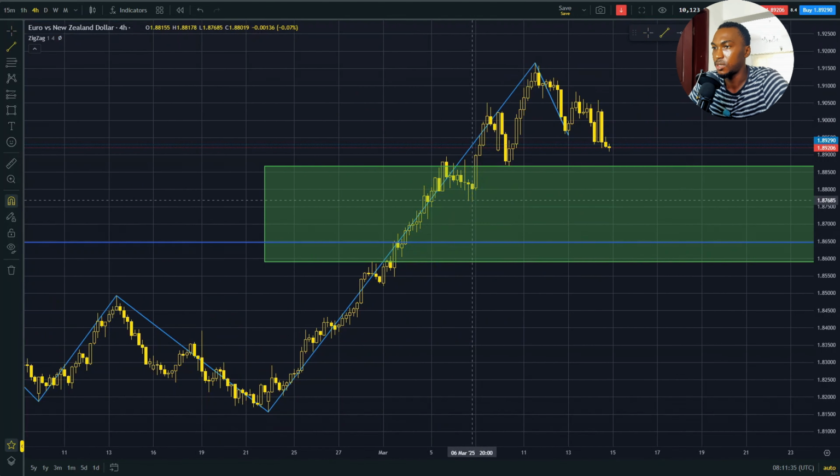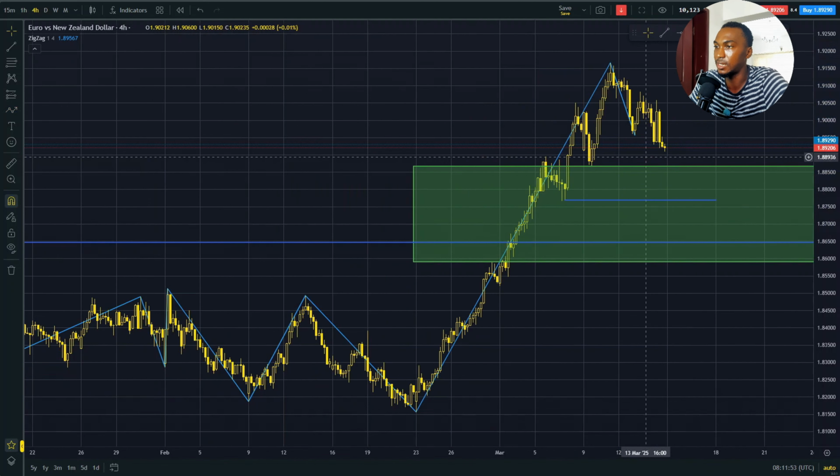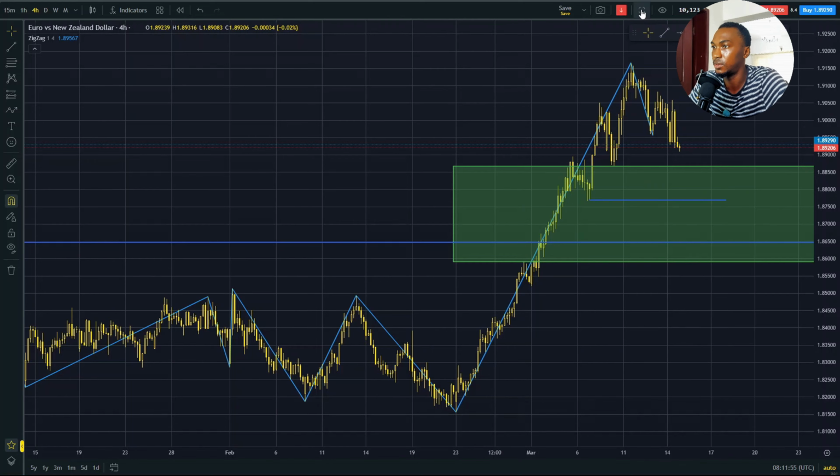We're looking at possibly this liquidity being taken, and then price pushing back up. So I'm looking at this liquidity being taken somewhere within here or here, and then price will start to do this. But we don't know, right? That's the probability of what I think is going to happen here.